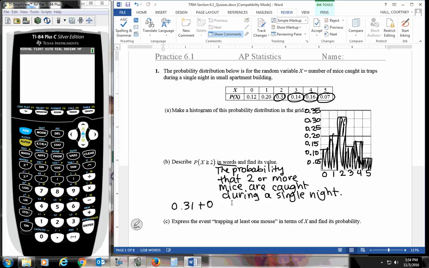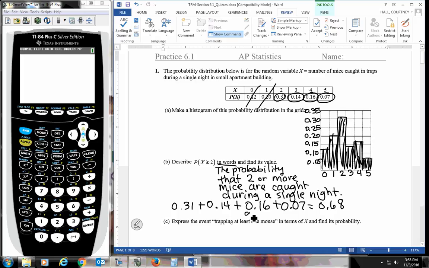Awesome. Okay, 0.31 plus 0.14 plus 0.16 plus 0.07. And so when I add all of those together, I do get 0.68. Some of you are probably already thinking, well, it would have been easier just to subtract the ones you don't want. So remember that your entire probability does have to add to 1.